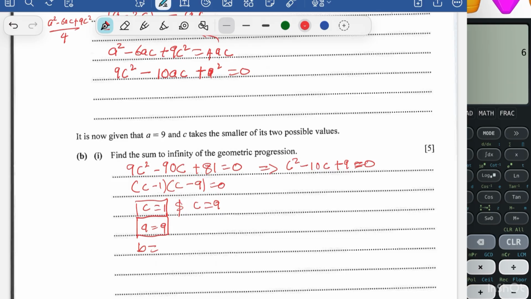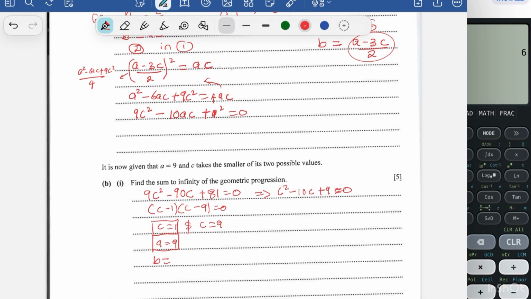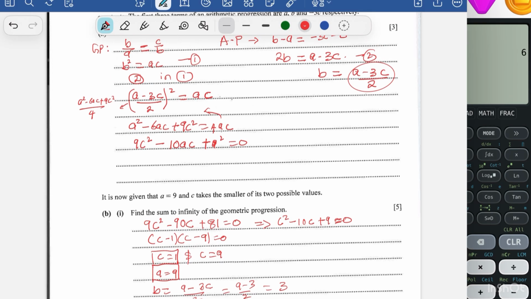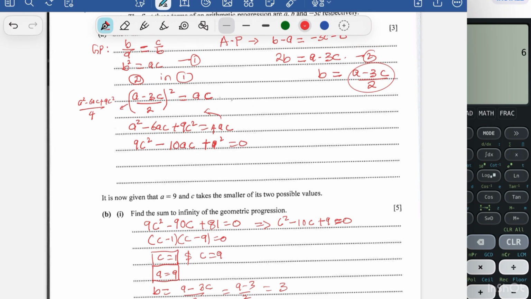We know b is (a minus 3c) over 2, so 9 minus 3 over 2, which is 3. Even if we use ac, we get plus or minus 3.